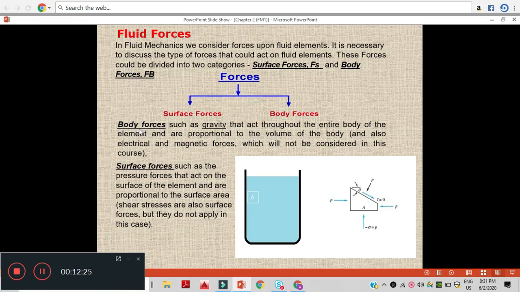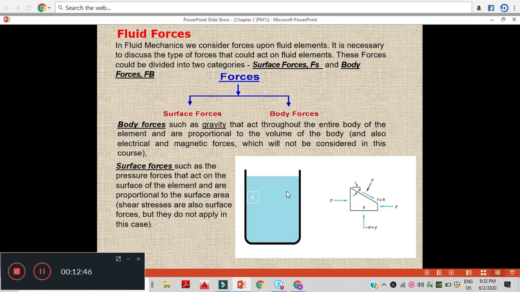So what is the body force? Such as gravity that acts throughout the entire body of the element and is proportional to the volume of the body, and also electrical and magnetic forces, which will not be considered in the course.